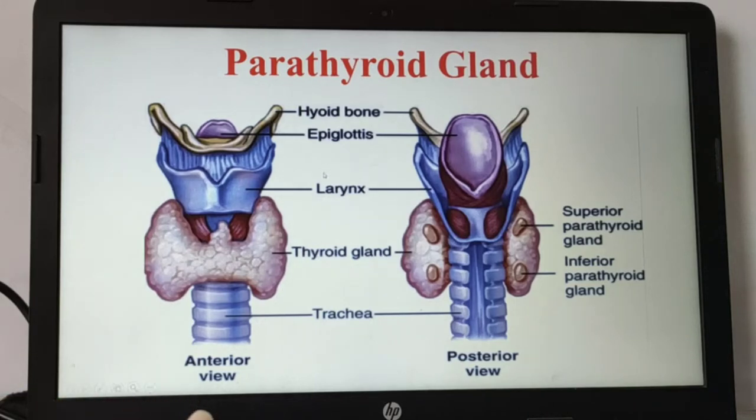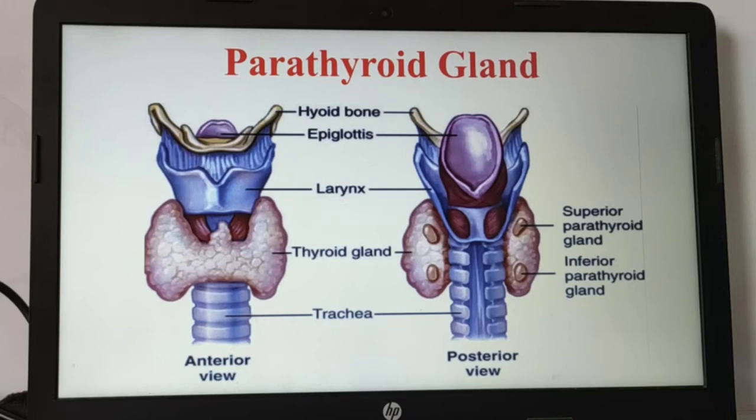You can see over here, this is the diagram of a parathyroid gland. Basically, this parathyroid gland is located on the surface of the thyroid gland, but where? At the posterior surface, that means at the posterior surface of the lobes of the thyroid gland.